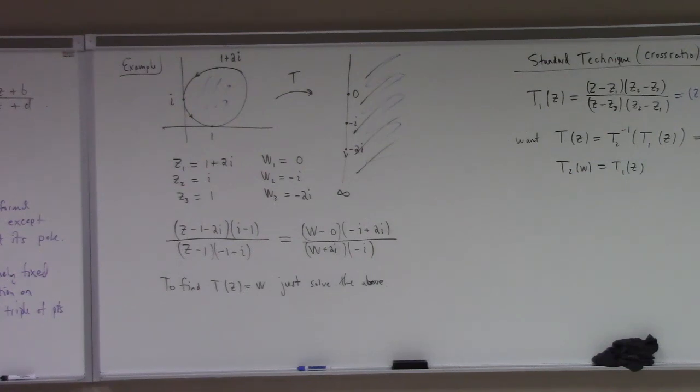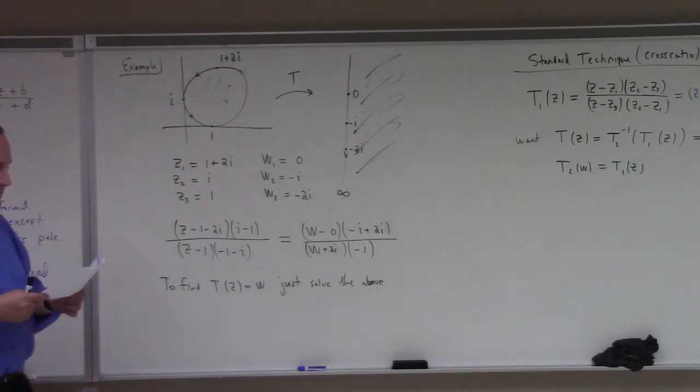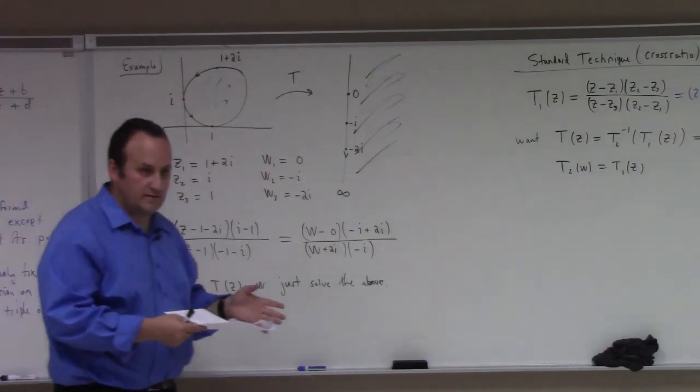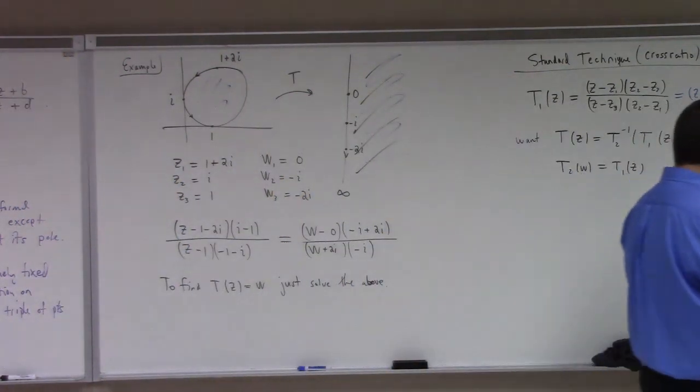But often I give you a simpler problem that doesn't actually require the full machinery of the cross ratio. For a specific problem, there may be an easier way to construct the FLT than doing the full cross ratio thing.